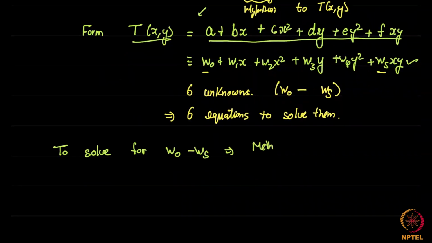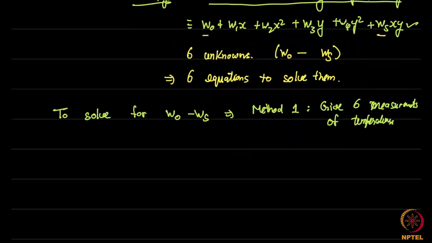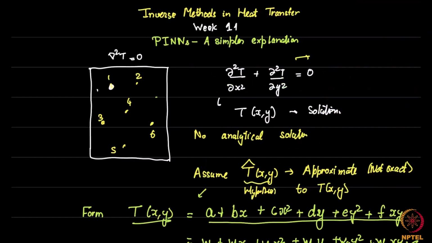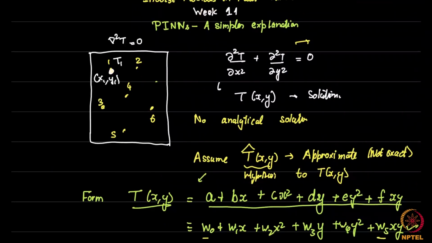So you can use method 1, which is to give 6 measurements of temperatures. The moment I give 6 measurements for temperatures, what happens? I'll have 6 equations. How so? For example, let us say that at this point, location x1, y1, the temperature was measured to be T1, either through some prior simulation or through an experiment.